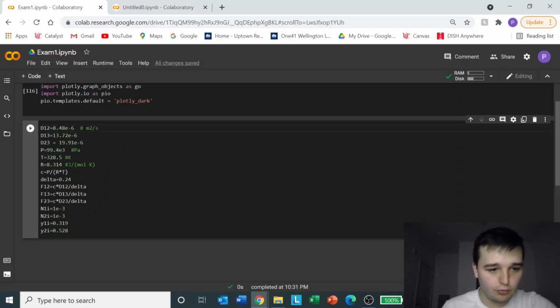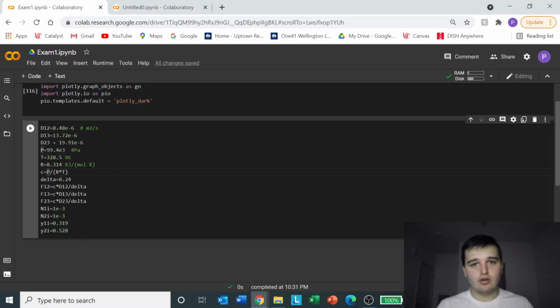That allows us to calculate the concentration of the vapor phase, assuming it's ideal, as the pressure over the gas constant times the temperature. We also know that delta, the tube length, is 0.24 meters.